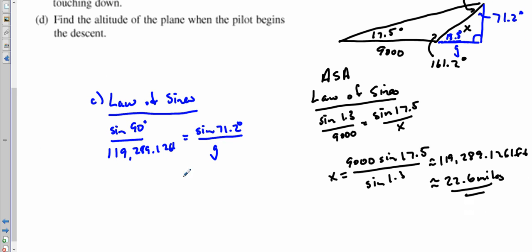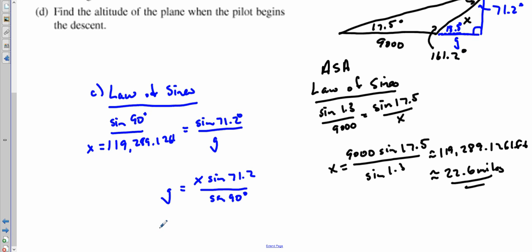We put this on our calculator once again, multiply those through. I'm just going to say this is equal to x, just so I don't have to write this out again. We're going to take x times the sine of 71.2, divided by the sine of 90 degrees. Sine of 90 is going to be 1, so that doesn't really matter. And that's going to equal g.